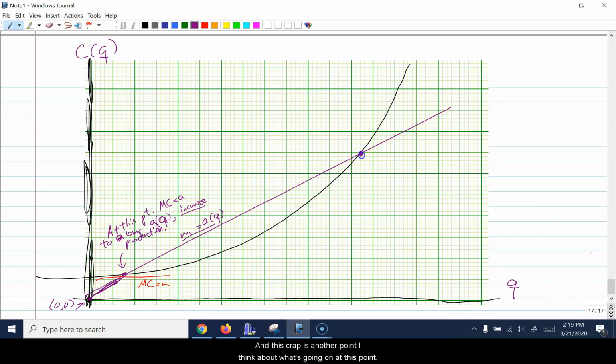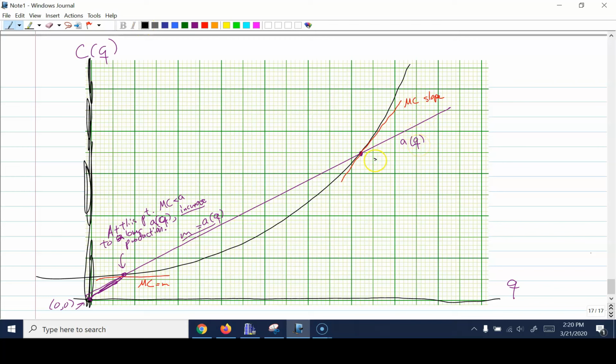And this graph hits it at another point. If I think about what's going on at this point, I'm just picking this point so I can reuse the same line. Here, the average cost line is flatter than the marginal cost line. Here, the marginal cost line is steeper than the average cost line.